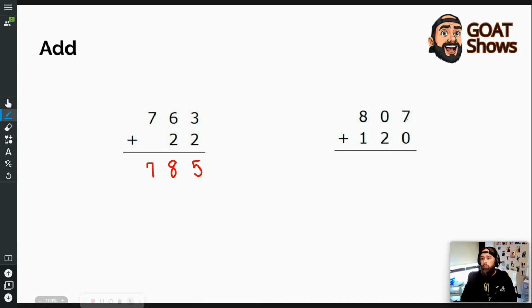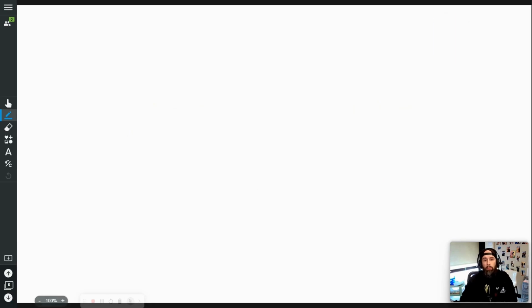Now we have 807 plus 120. 7 plus 0 is 7. 0 plus 2 is 2. 8 plus 1 is 9. So nothing to carry over there. We just go all the way to the right, add them up, then move over, add them up, until we're done. Nothing to lose sleep about with those problems.